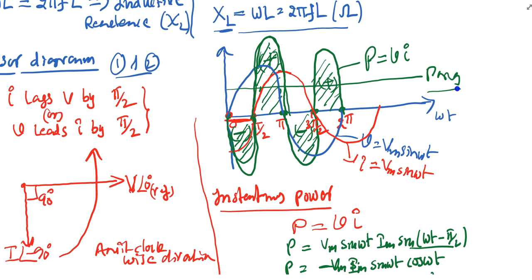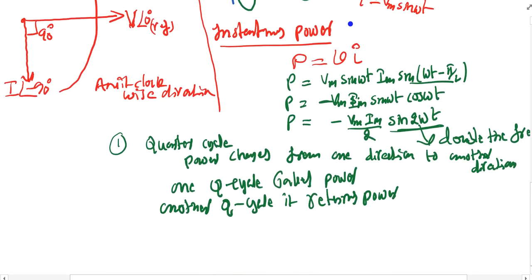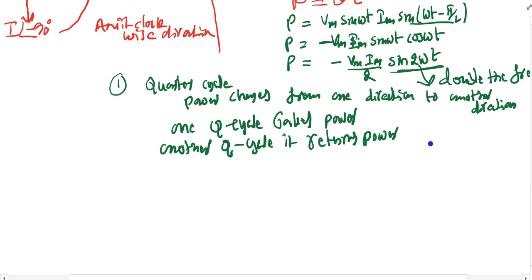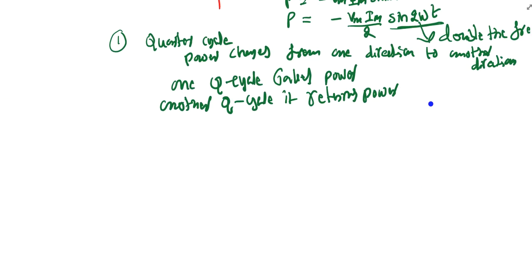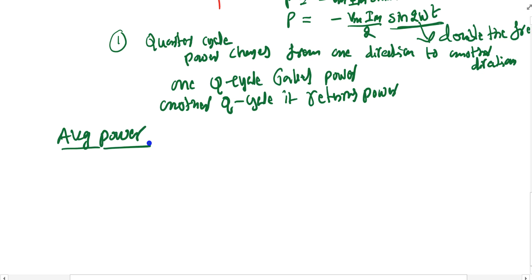Shall we see whether we are getting this average power as 0 or not? That is what we are going to see here. By taking the mathematical concept, if we are able to prove that, then we can come to know that for a pure inductor, the power consumed by the inductor may be 0. So let us calculate the average power.